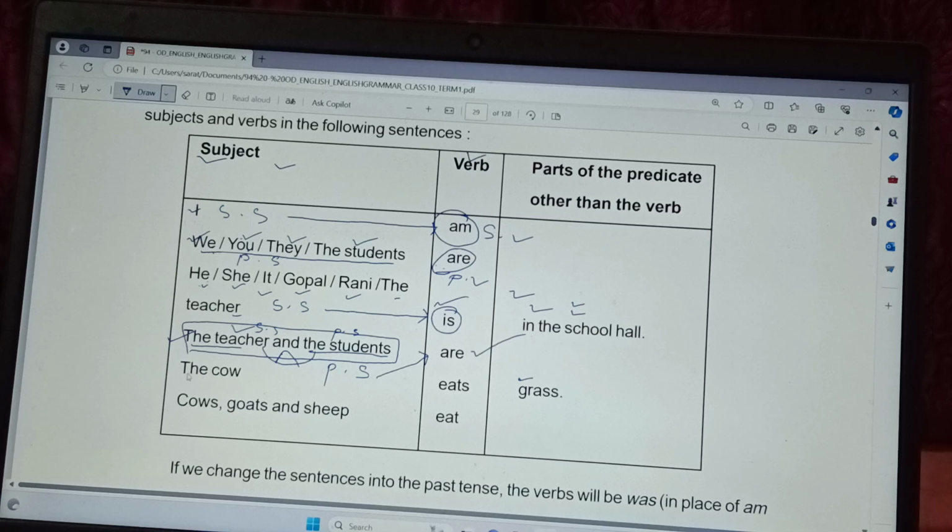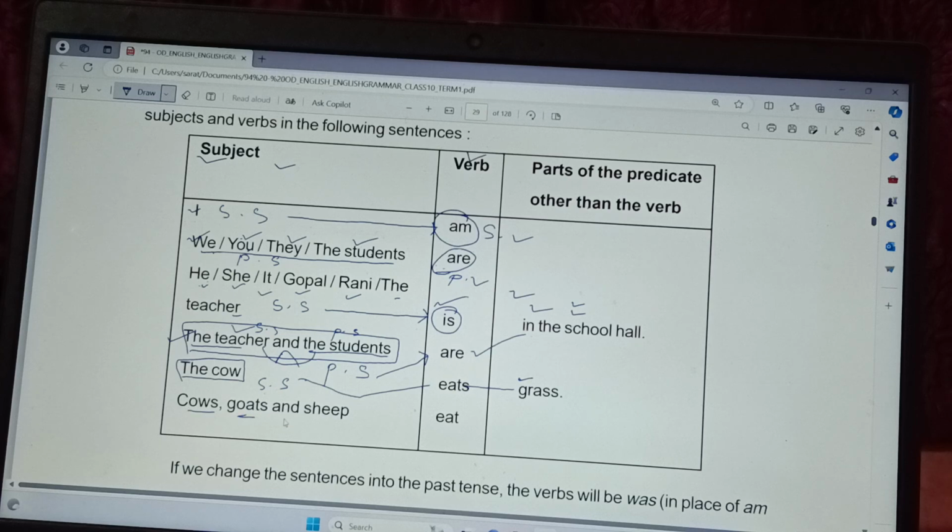Guys, the cow. The cow refers to one. So it is called a singular subject. So we can say the cow eats grass. Like this, the second one, guys. The cows, goats and sheep.